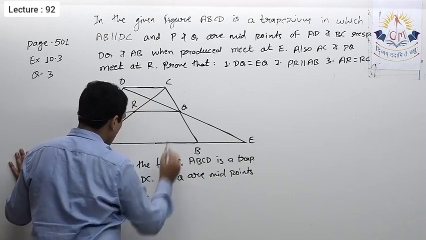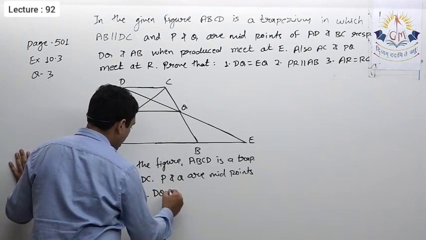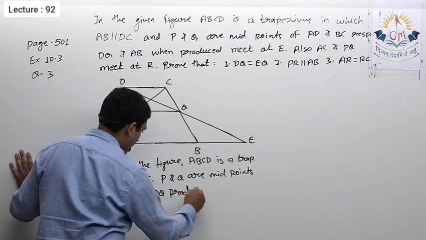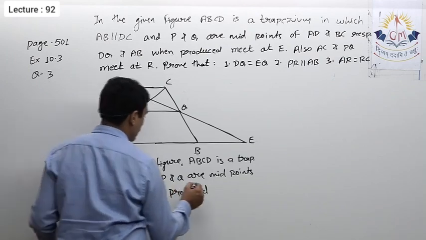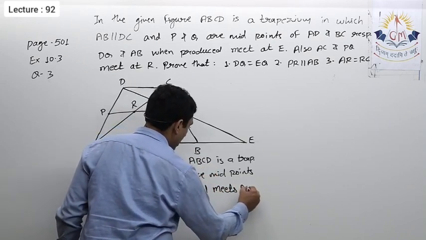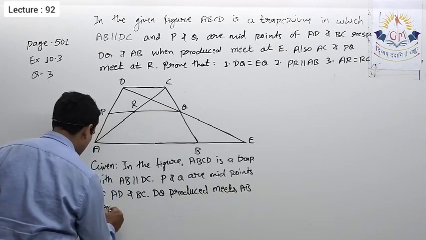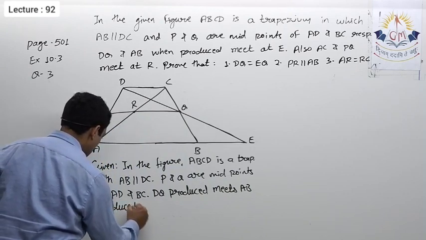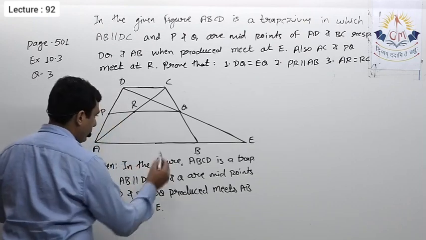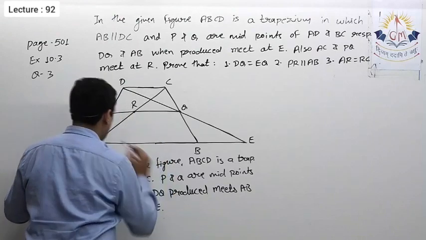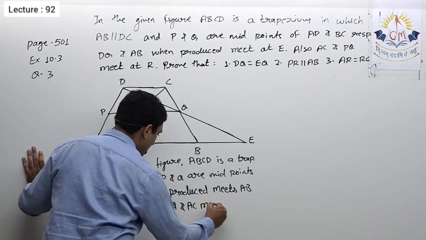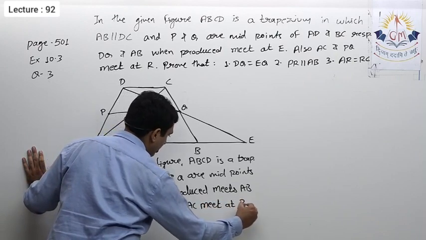Then DQ produced meets AB produced at E. DQ produced meets AB produced at E. PQ and AC meet at R.